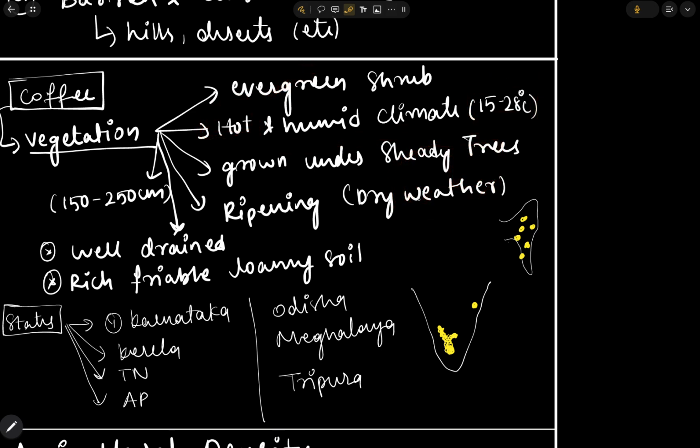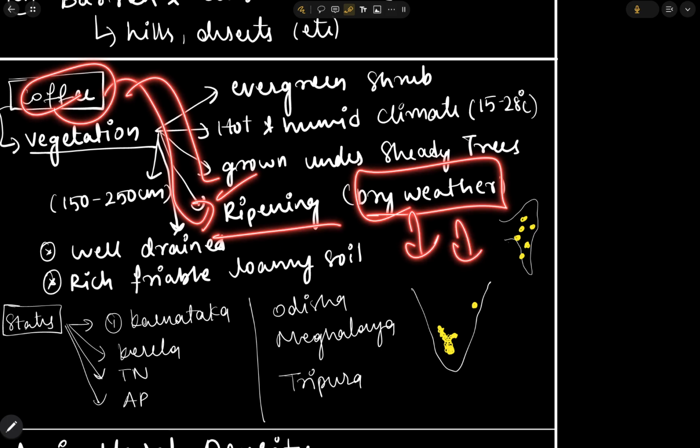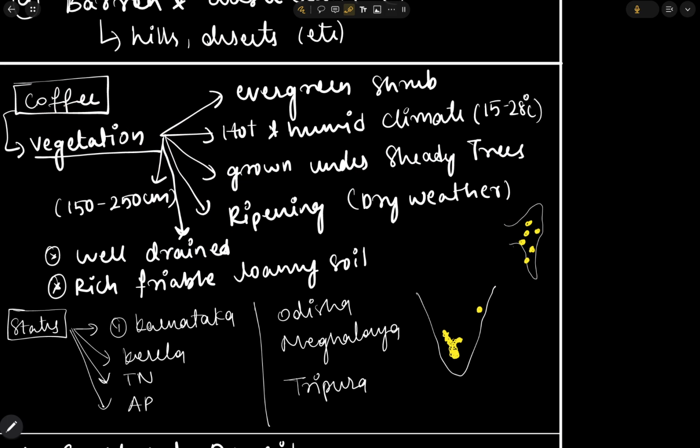Coffee plantation happens in shady regions; in the shade of trees, the coffee is grown. One thing we need to remember is that coffee ripens when the weather is dry. If the weather is very cold and rainy, then the coffee doesn't ripen and it spoils the ripening of the coffee. The required rainfall is 150 to 250 centimeters.